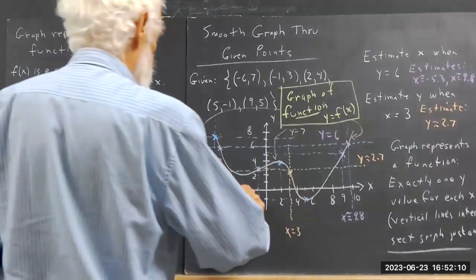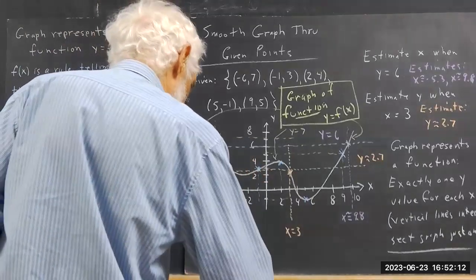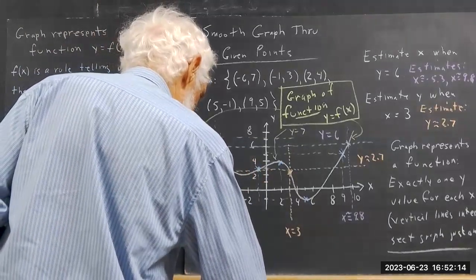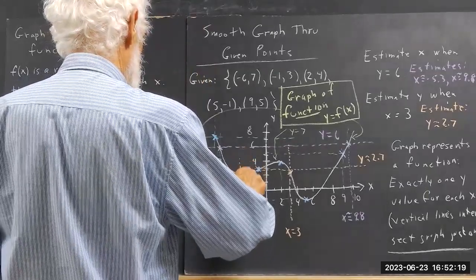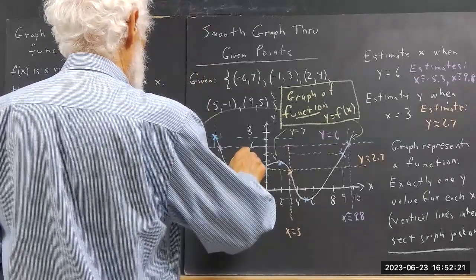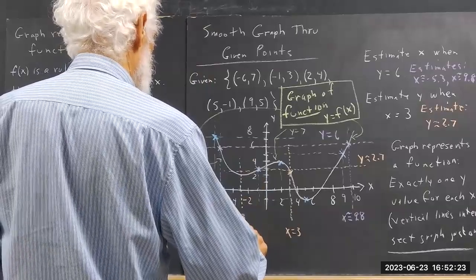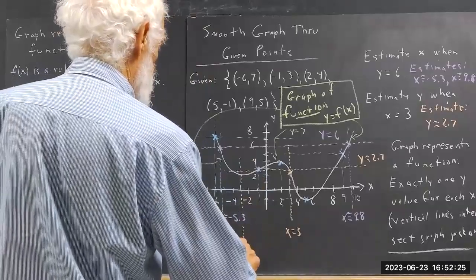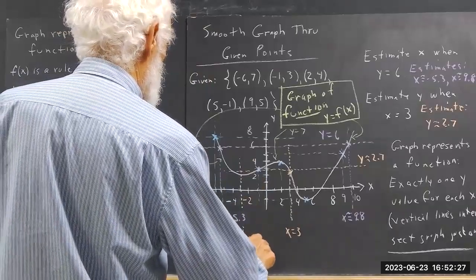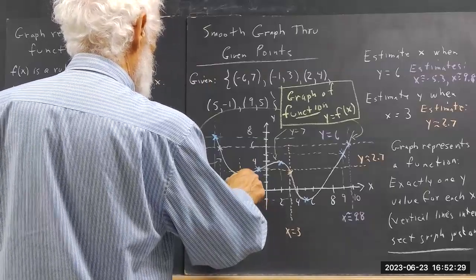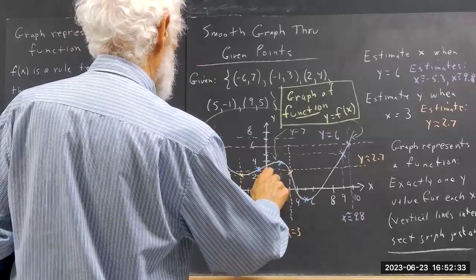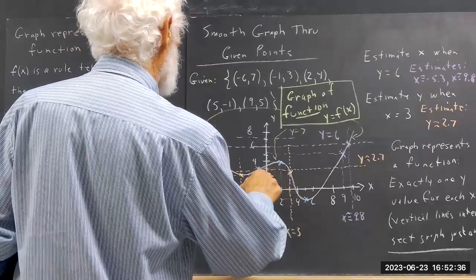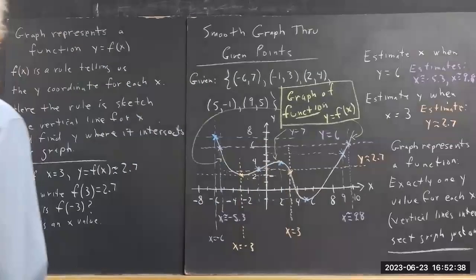Vertical line through -3. Running out of colors here. Go with yellow, although sometimes that's hard to distinguish from white by the time the camera is interpreting it. So this is a line where x equals -3. Here's the graph point, and here is what it looks like, we've pretty much nailed y value 2.